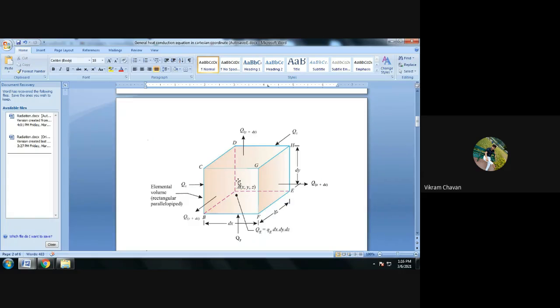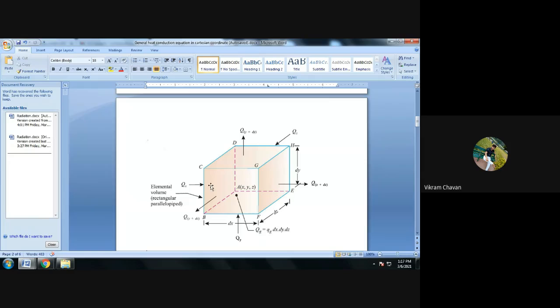Then in the positive z direction, qz amount of heat is entering inside the element by conduction. We are dealing with conduction only. So you can give the nomenclature here by showing an arrow in that particular direction.